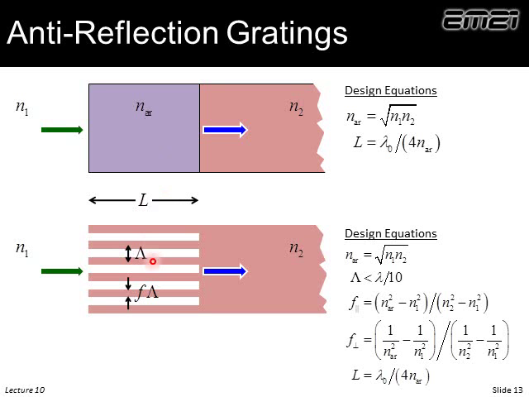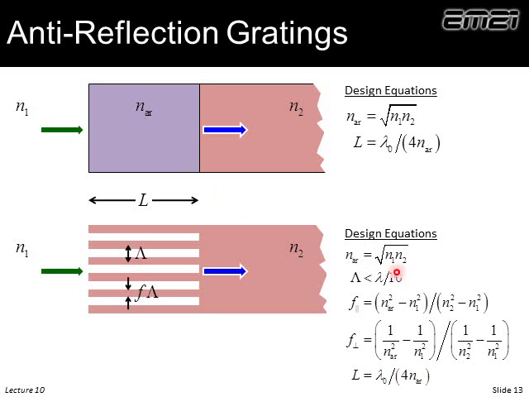In fact, what we can do is build it out of the material N2 and just etch or somehow form some grooves in it. And this will effectively lower the dielectric constant, lower the refractive index in that layer. And if we choose the duty cycle correctly using our effective medium theory, we can simulate or emulate the actual refractive index that we would need for a homogeneous material.